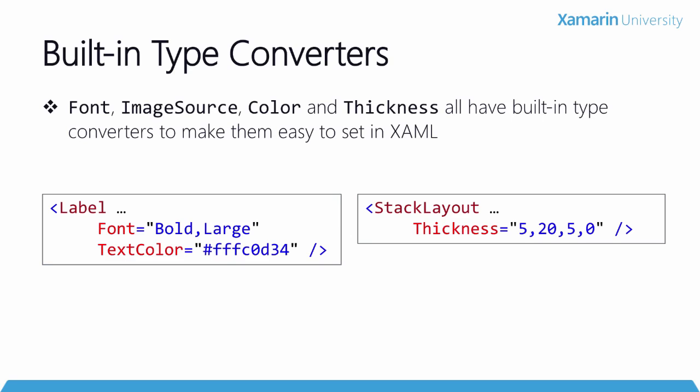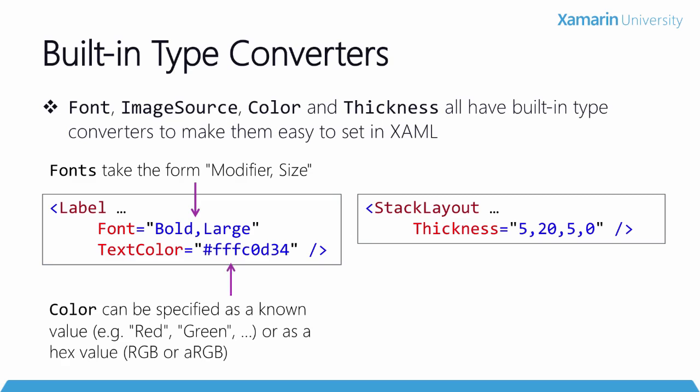Most of the built-in classes in Xamarin.Forms have associated type converters, so they can be easily created in XAML. For example, the font converter supports creating fonts using a modifier and a size, where the size can be a name, such as small, medium, or large, and that is mapped to the platform, or the font can be an explicit point size, like 36.